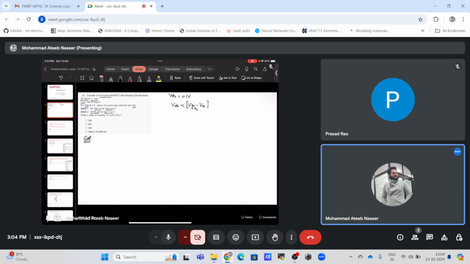So you can say the NMOS device is in non-saturation.